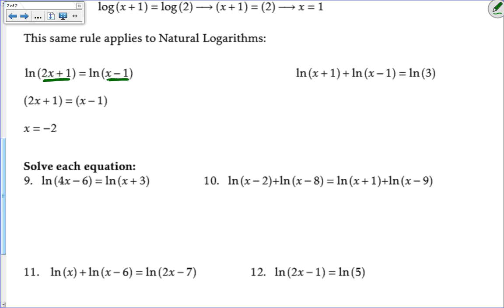We can get them down to one natural log. So how would we do that? So how do we multiply this? So it's going to be ln of this one right here multiplied by that, right? X plus 1, x minus 1.